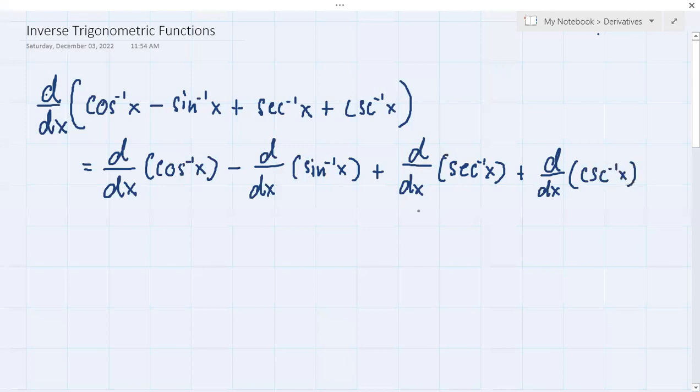Ayan. So now let's differentiate each of the terms.